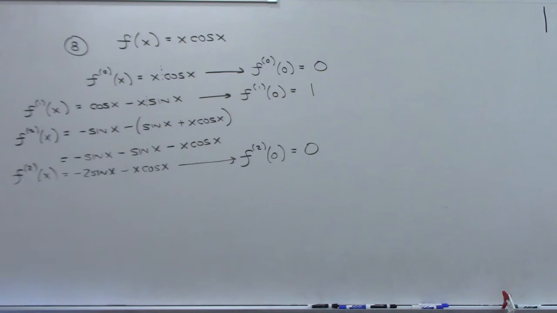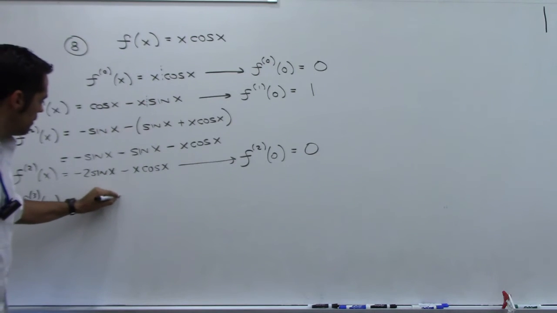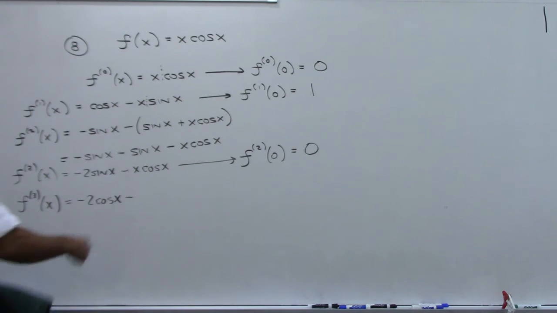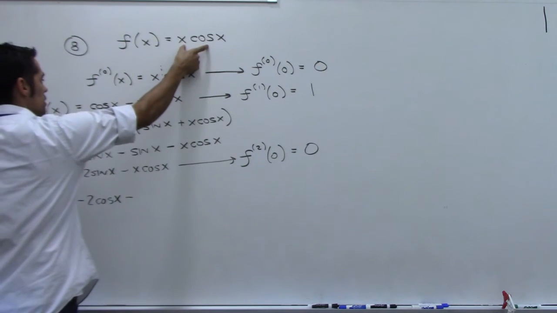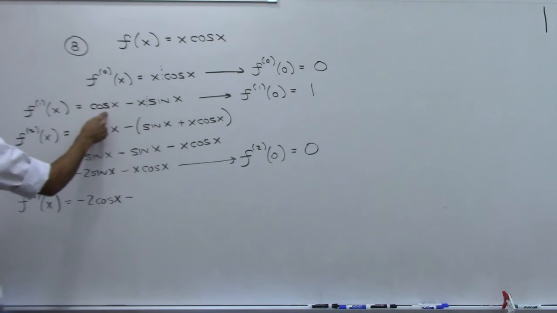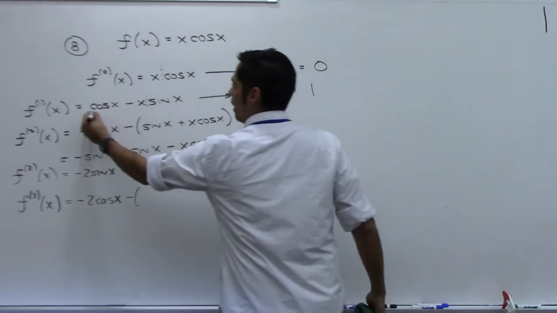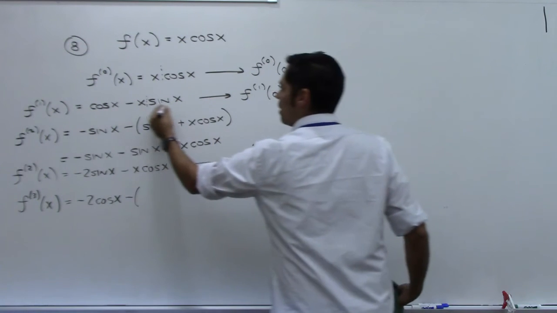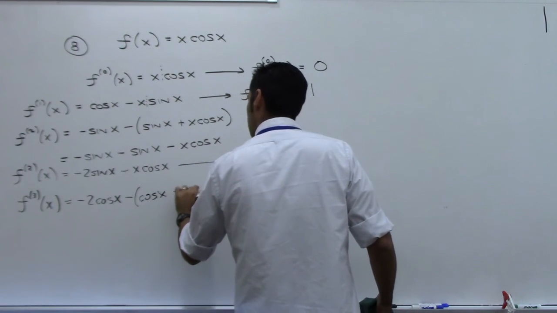All right, so now the third derivative. Okay, derivative of negative 2 sine x is negative 2 cosine x minus the derivative of x cosine x. Wait a minute, that's the original function. What was the derivative of the original function? It was this. So I have minus, and I don't have to do the work again. I just look at that first derivative, so minus cosine x minus x sine x.